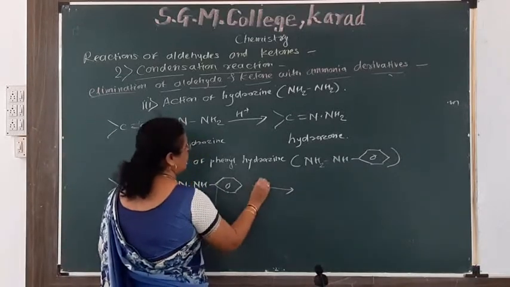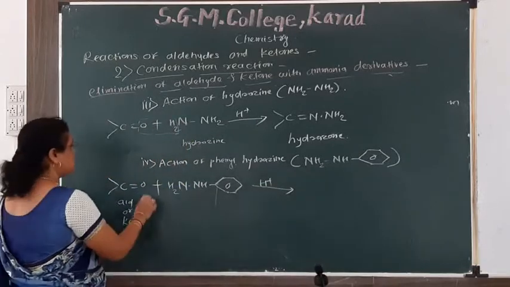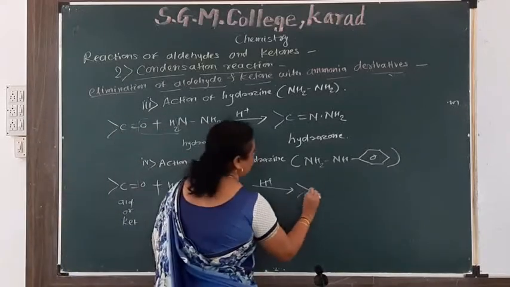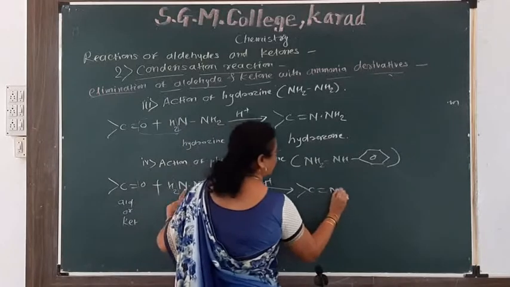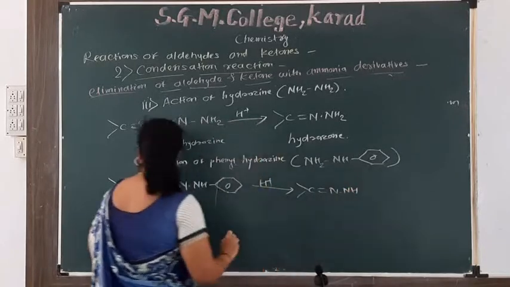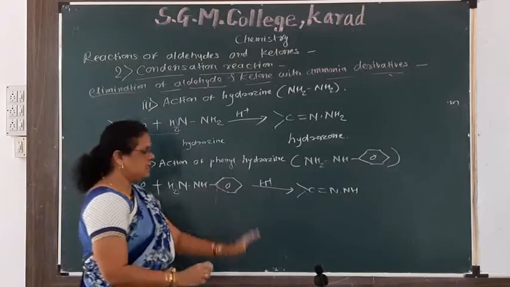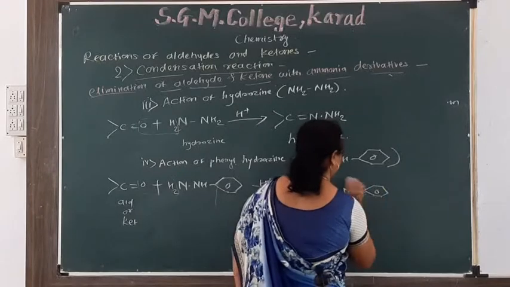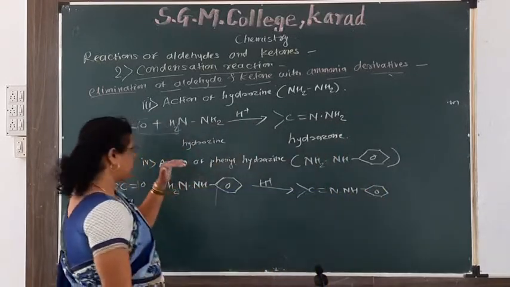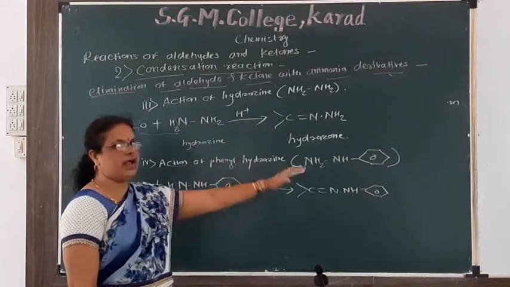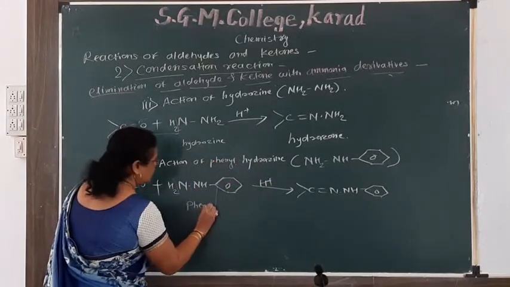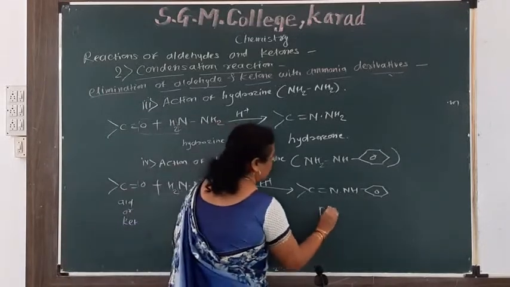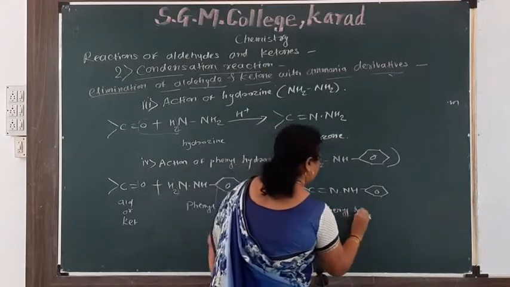In presence of weak acidic medium, this water molecule is eliminated and we get here C double bond NH, C double bond NH, C6H5. This is known as aldehyde phenylhydrazone. This is a phenylhydrazone.